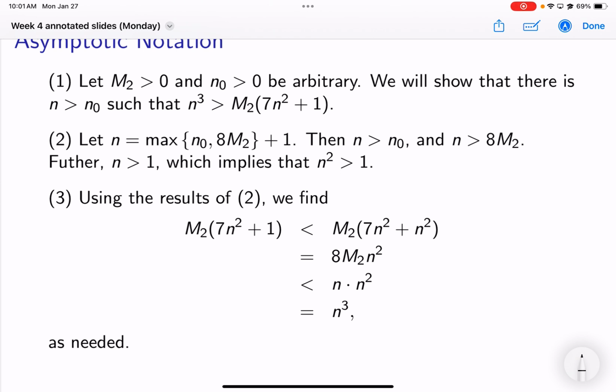Then, the rough work in reverse. Since n is greater than 1, and thus n squared is greater than 1, we can change 1 to n squared in the inequality, add and simplify to get 8m2 n squared. And then since n is greater than 8m2, we turn 8m2 into n, multiply them together to get n cubed, and we have our inequality.